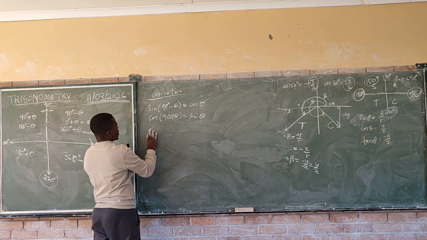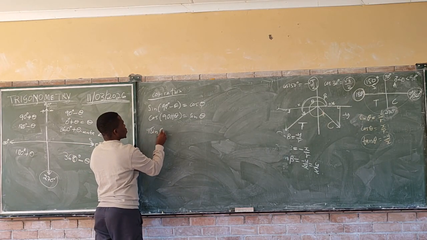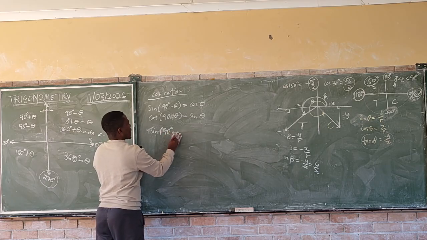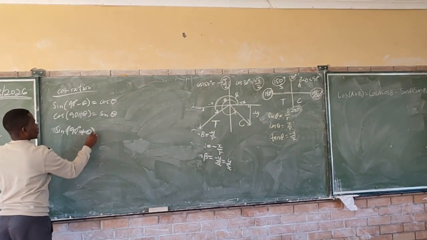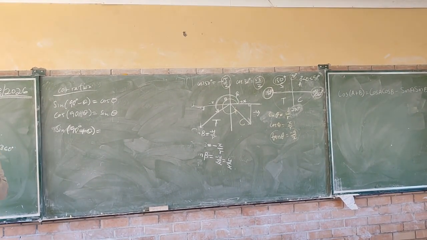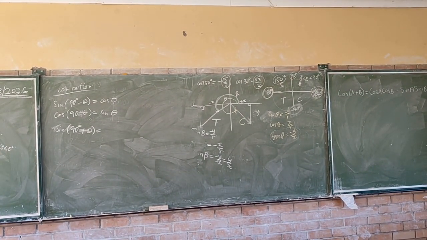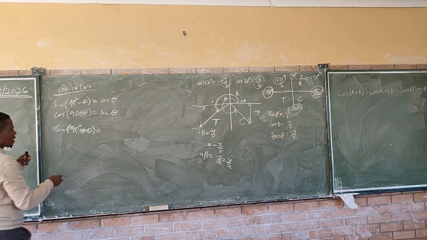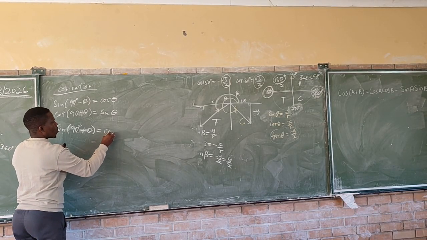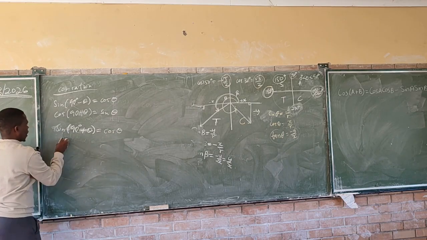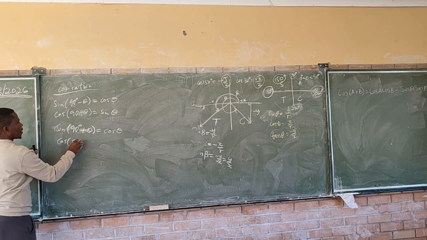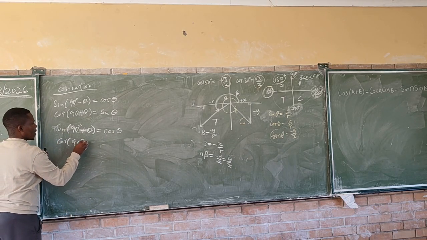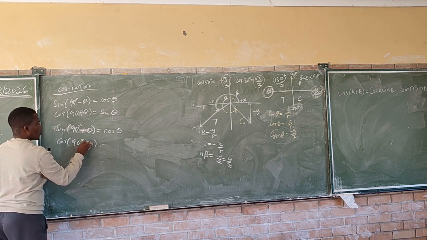Now let's say sine of 90 degrees plus theta. Now it is a ratio, but we are going to the second quadrant. So what will be the answer here? Cos of 90 degrees plus theta.